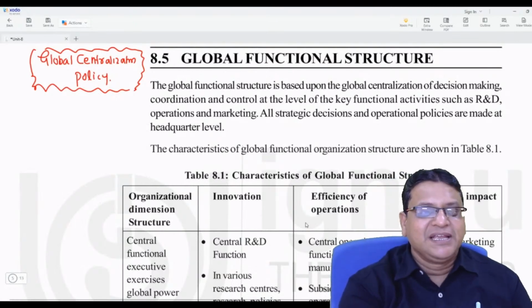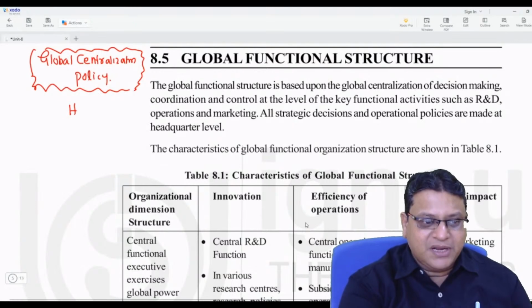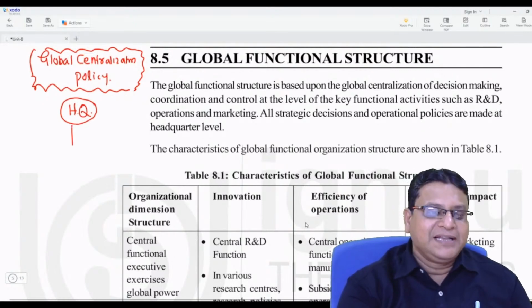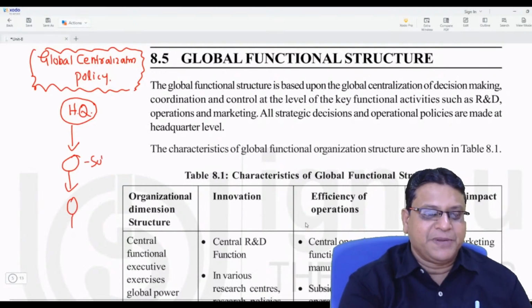In an MNC, there is a headquarters, HO. It's the parent company, and there are many subsidiary companies. Subsidiary companies are controlled by headquarters.